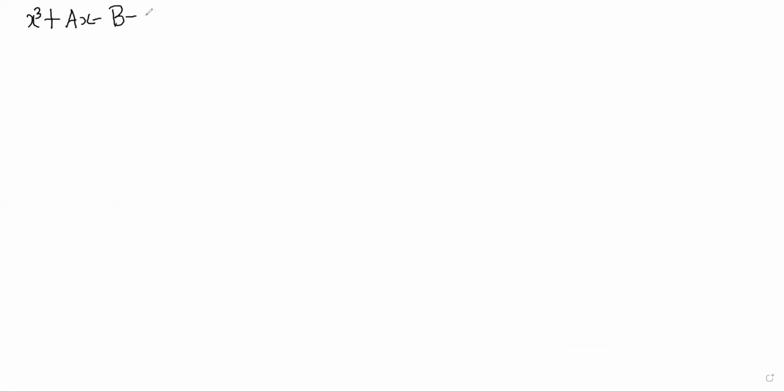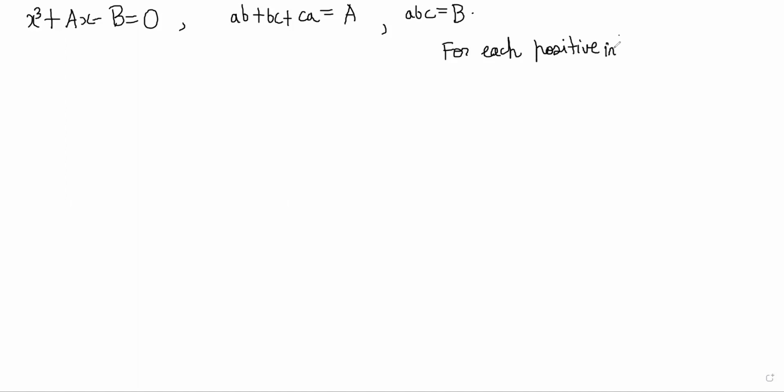So this is my equation. ab plus bc plus ca equal to capital A, and abc equal to capital B, right? For each positive integer n, let's define this quantity.